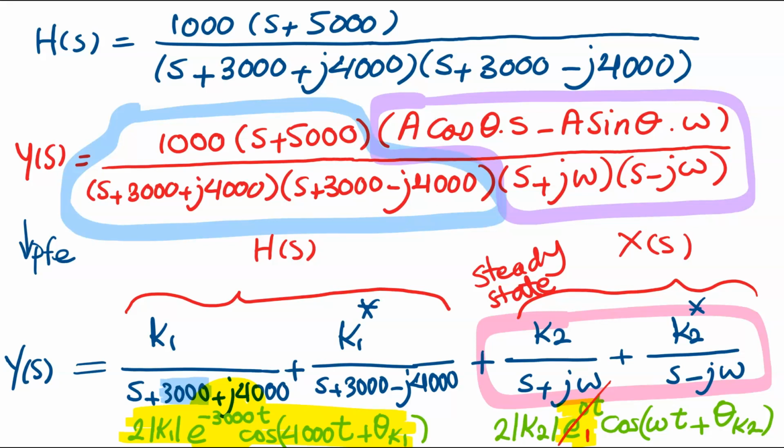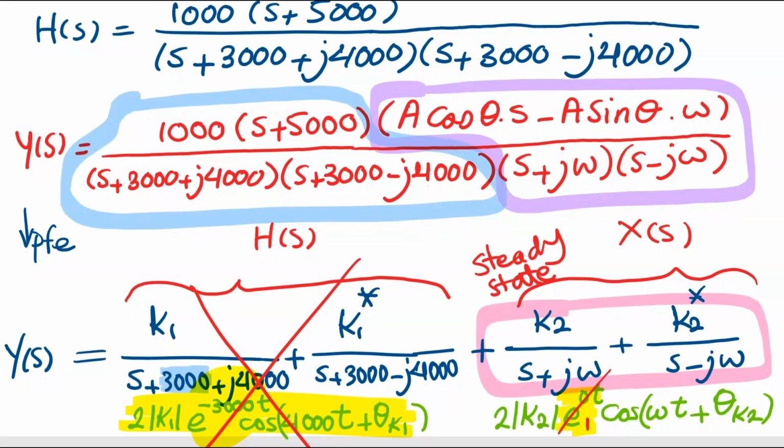So to make my calculation less, I can ignore calculating K1 and K1 conjugate. I know that at the end I'm going to throw away this portion of my answer, so why do I need to calculate it at all?